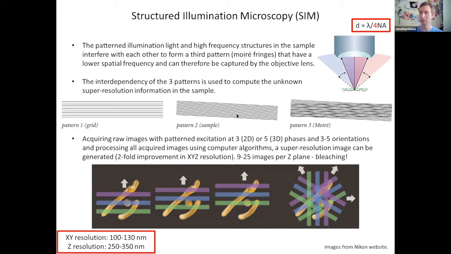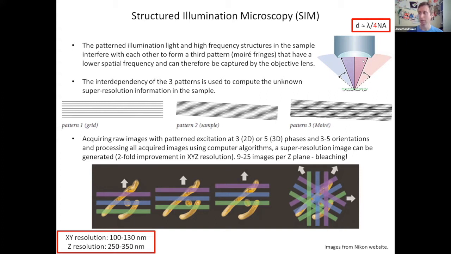But if you illuminate this very high spatial frequency sample with this patterned illumination, these two patterns interfere with one another to generate the image that you see. And the image actually contains a third pattern, which is called moire fringes. Hopefully you can see them on this diagonal here. These are a much lower spatial frequency than the information in pattern 2, and they're low enough to be captured by the angle of the lens.